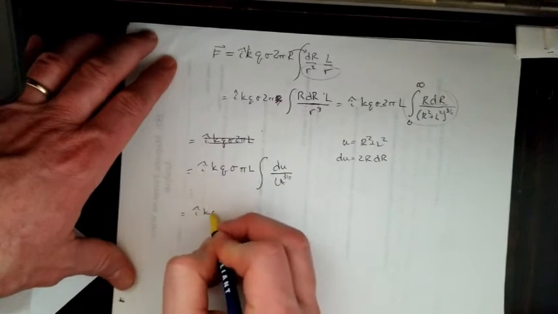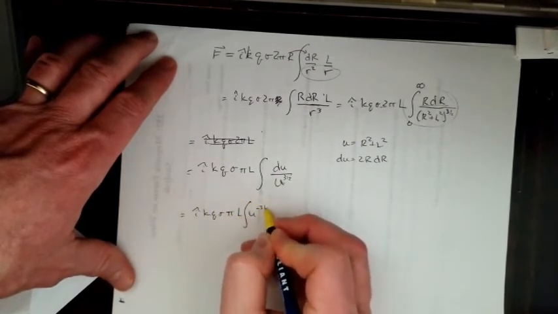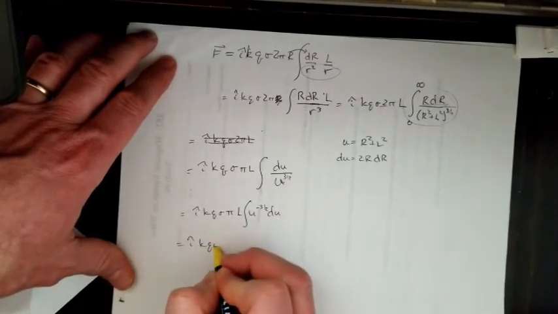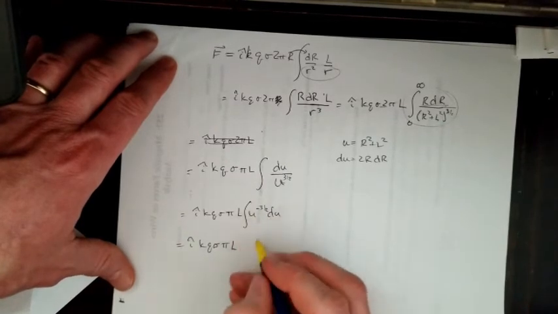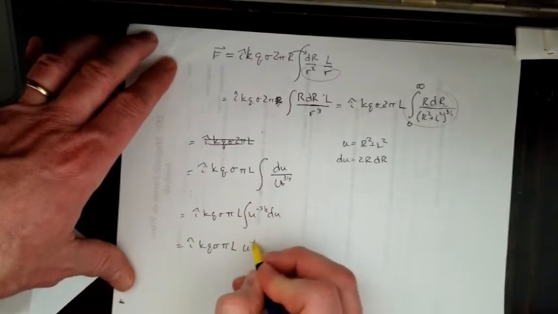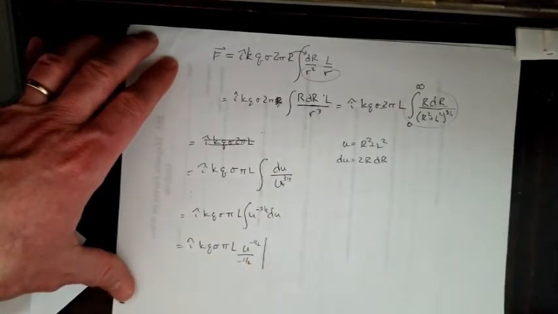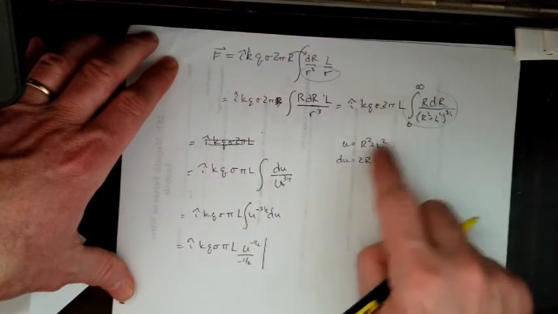I hat K Q sigma pi L integral U to the negative 3/2 du, which is I hat K Q sigma pi L. Add 1, divide by that. So if I add 1, I have U to the negative 1/2 divided by negative 1/2. Now, officially, when you do the U substitution, you change the limits of integration to reflect that.